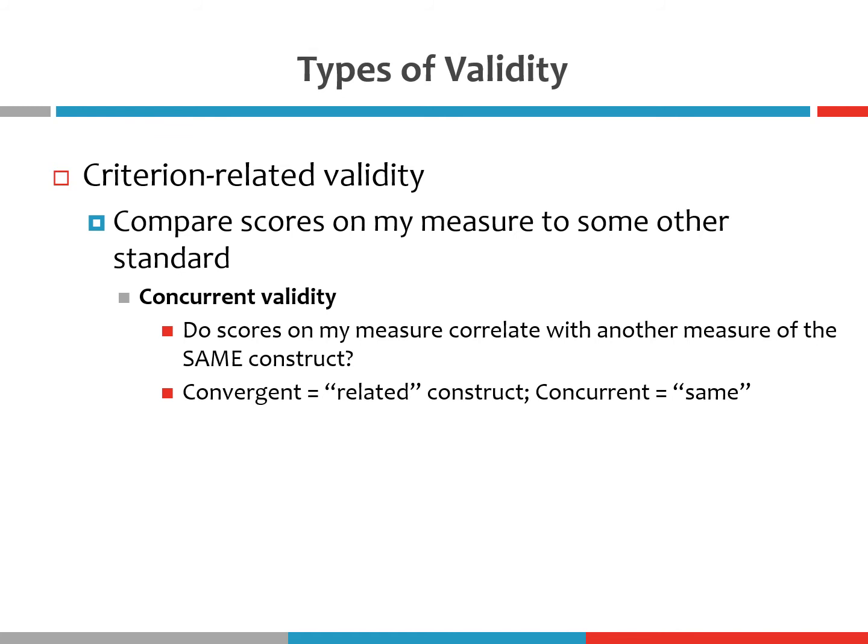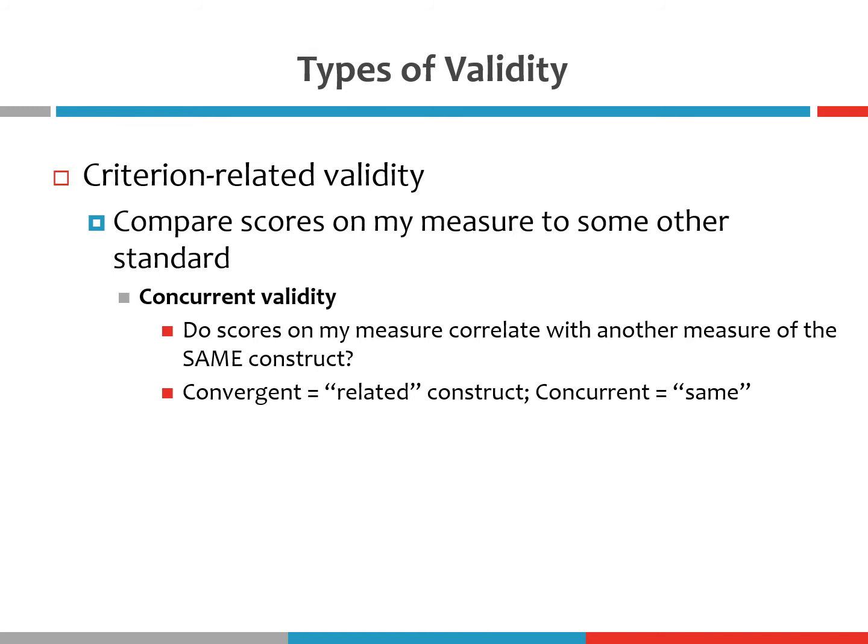So our next type of criterion-related validity is something called concurrent validity. Okay, so in this case, we're going to compare our scores on our measurement instrument with another measure of the same construct.